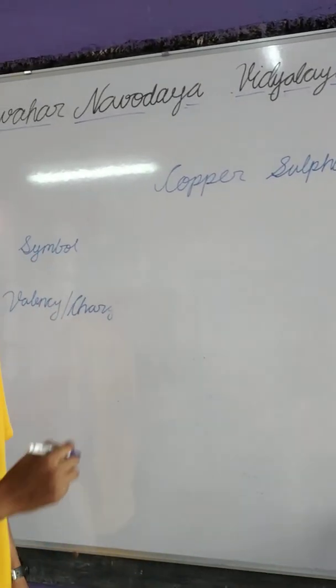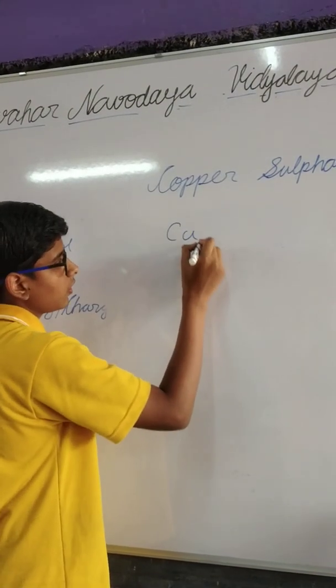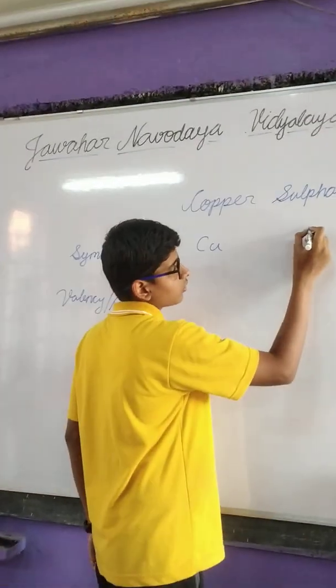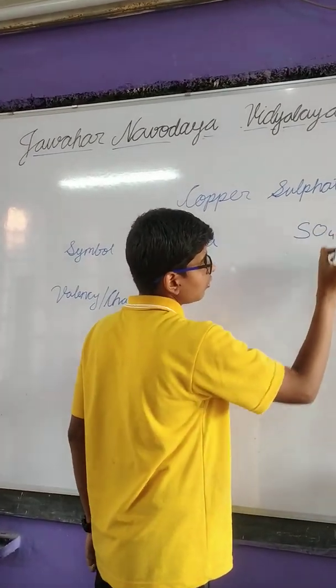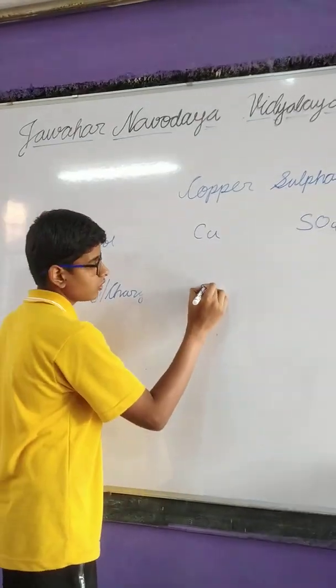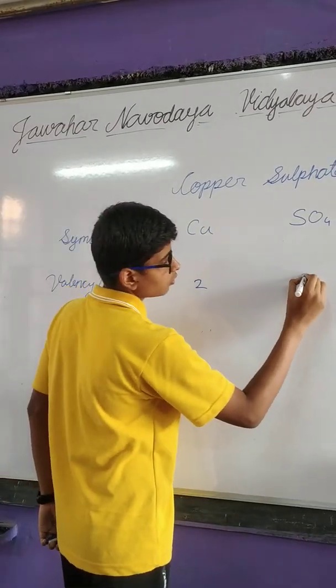The symbol of copper is Cu and the symbol of sulfate is SO4. Now the valency of copper is 2 and the charge on SO4 is also 2.